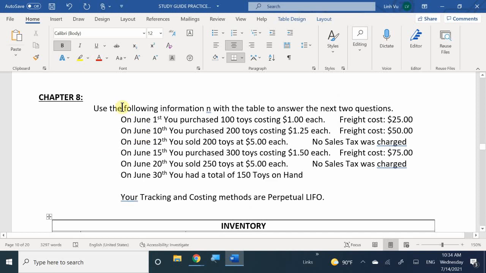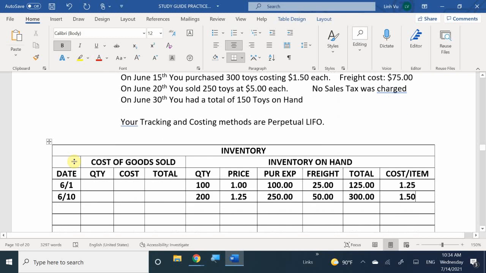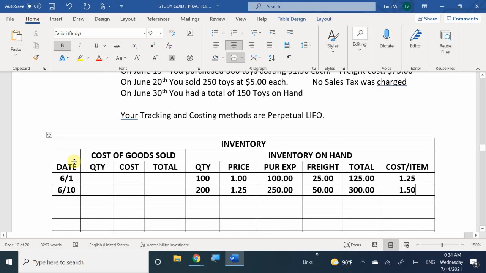Now on June 12th, you sold 200 toys at $5 each. No sales tax was charged. So I sold 200 units, and I told you that this is LIFO. So on June 12th, if I sold 200 units, which batch am I going to be taking out from?